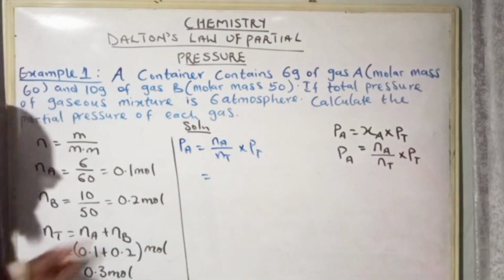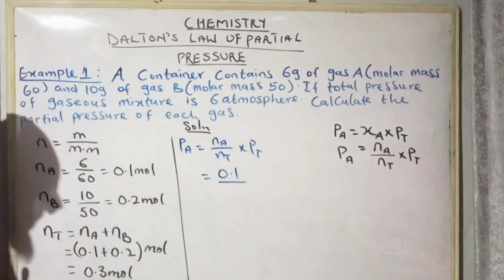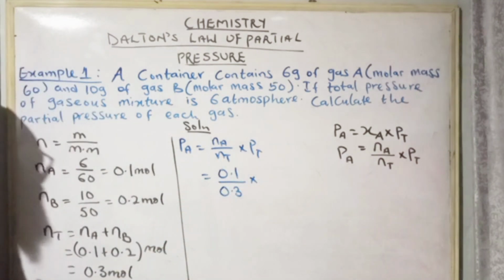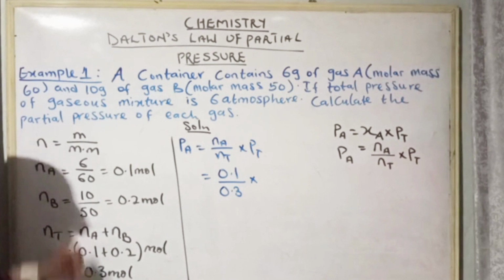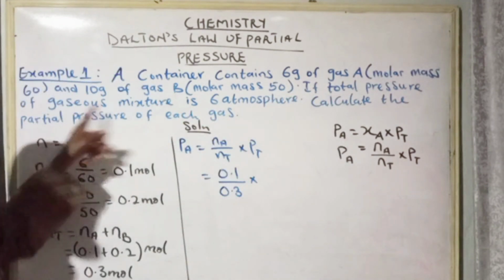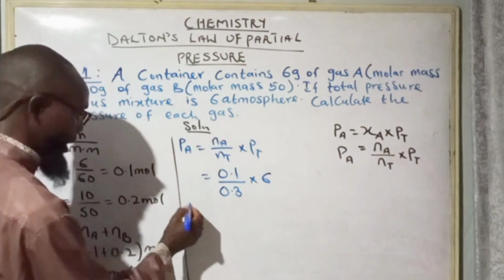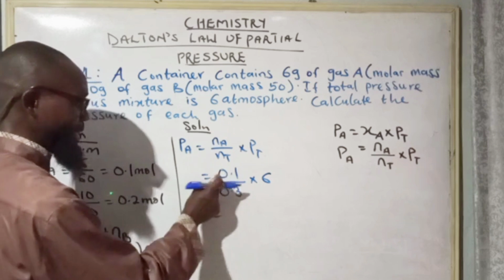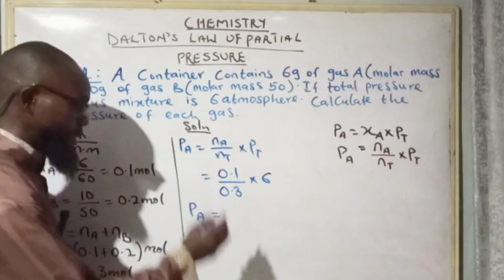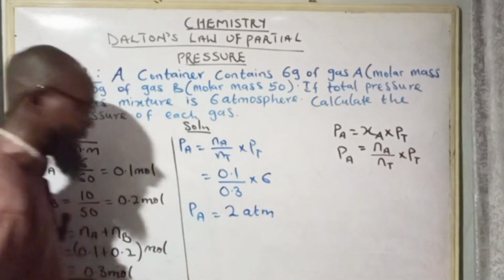Our NA that we got here is 0.1, divided by N total, 0.3, multiplied by the total pressure, which is given as 6 atmosphere. So when you take your calculator, multiply 0.1 times 6 and divide it by 0.3. This gives 2 atmosphere. That is for PA.